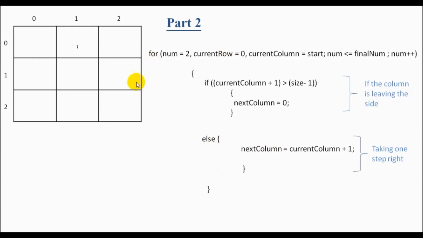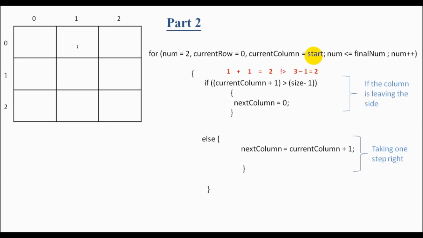Now let's see for this matrix how these codes are going to work. So we have already put 1 in our first position. So now our current column number is start. That means we have seen that start is 1. So 1 plus 1 equals 2. And then our size minus 1, size is 3, then size minus 1, 3 minus 1 equals 2.